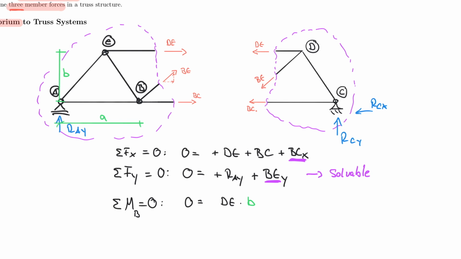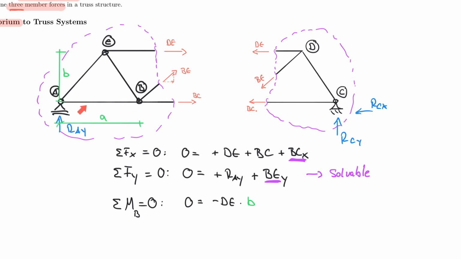And I need to, of course, obey my rotational sense. So this here turns clockwise about point B. So therefore, it's negative. So negative DE times B. And the only thing that opposes this in this particular cut is RAY times A, right?